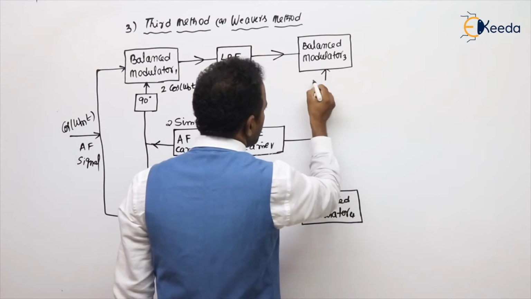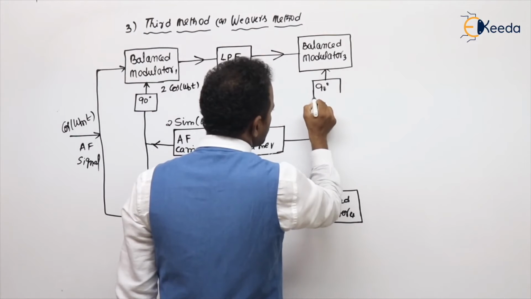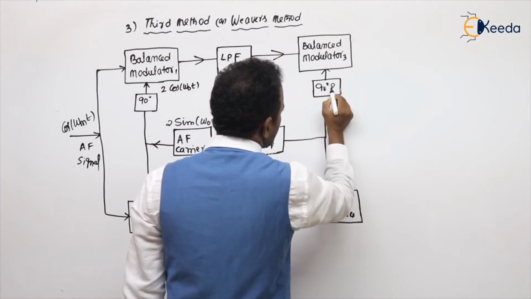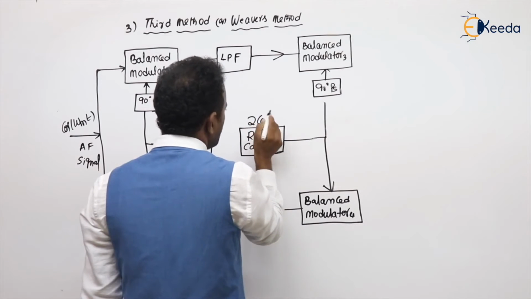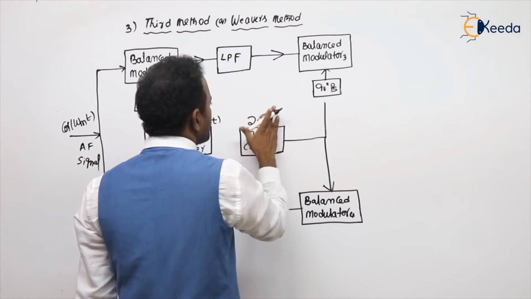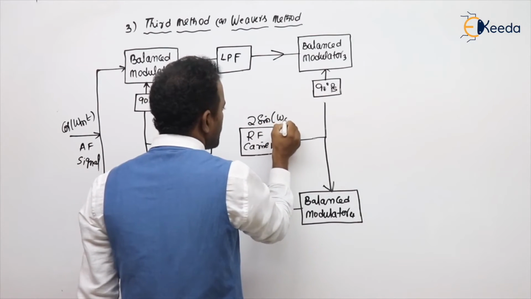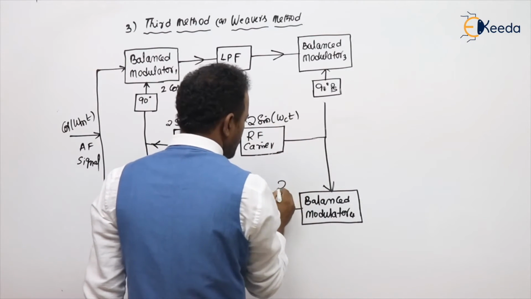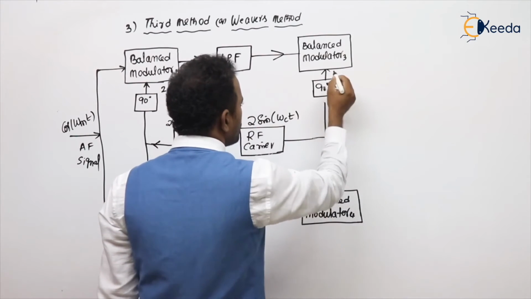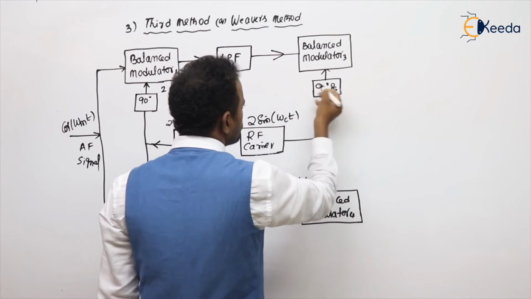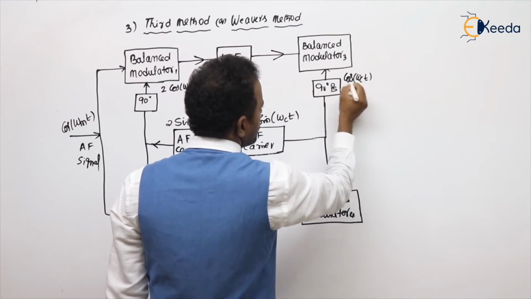On any one side, make a 90-degree phase shift. So from here I am generating, let's take here also 2 sine, because in the above side I maintain a 90-degree phase shift. So sine omega ct. Here what you will get is sine omega ct, and here what you will get is cos omega ct.